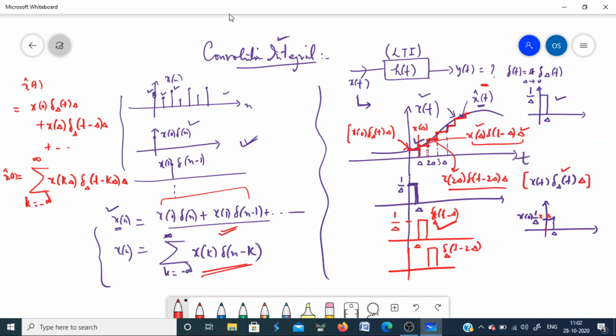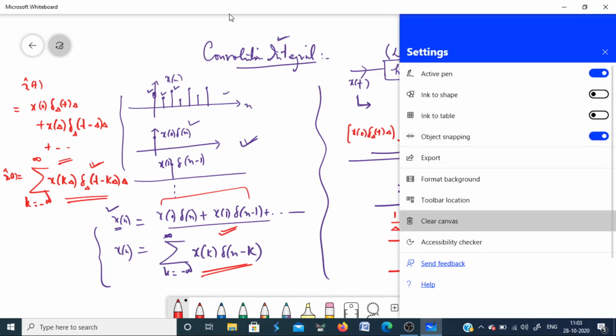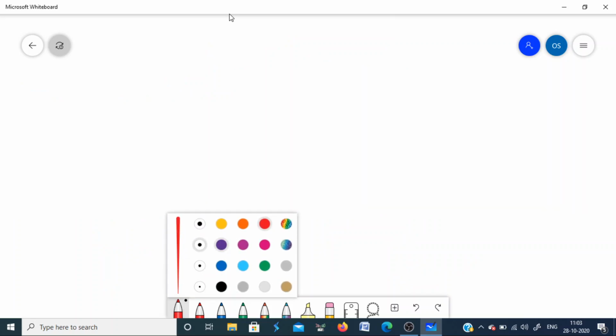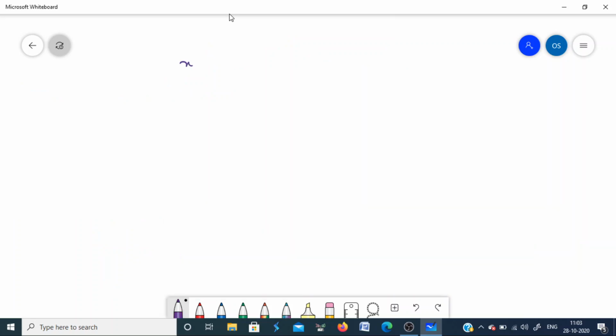But for the continuous time case, we have first taken an approximation of the input signal using x cap t, and this x cap t is now expressed as a linear combination of impulses, not ideal impulses. These are again delta del t, which are the approximations of unit impulses. So now suppose this signal is my input to the system. So xt is approximated by x cap t, which is given by the sum of x of k delta del t minus k delta into del.